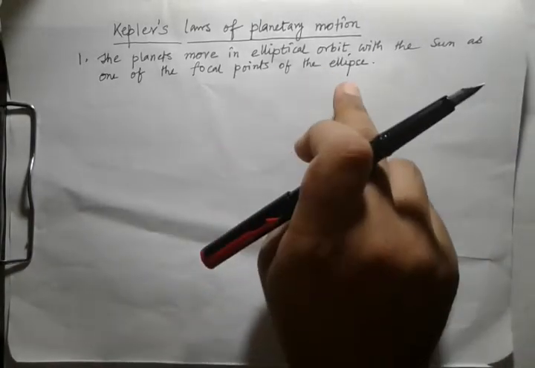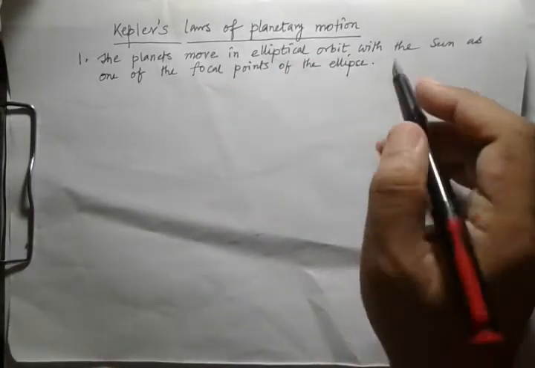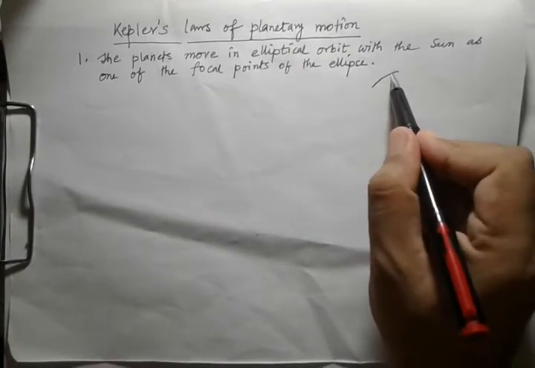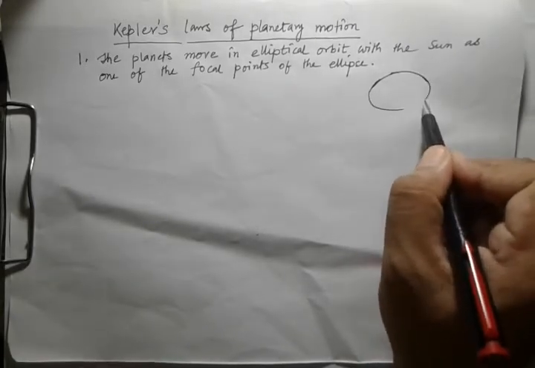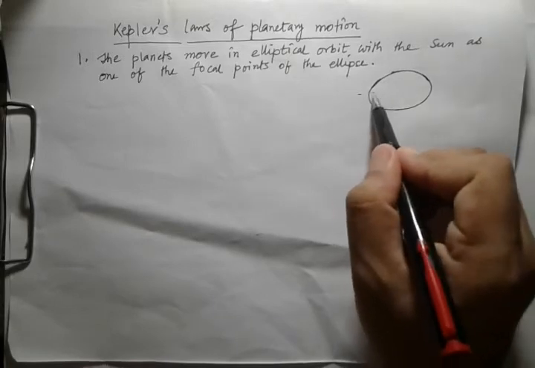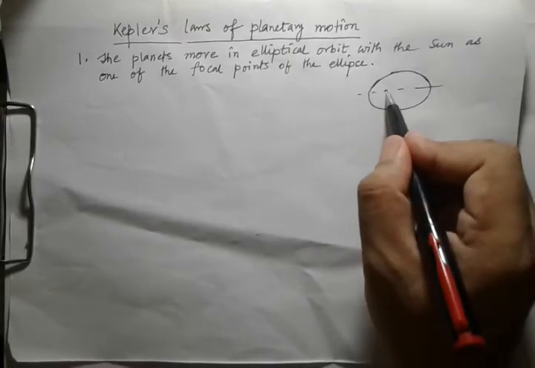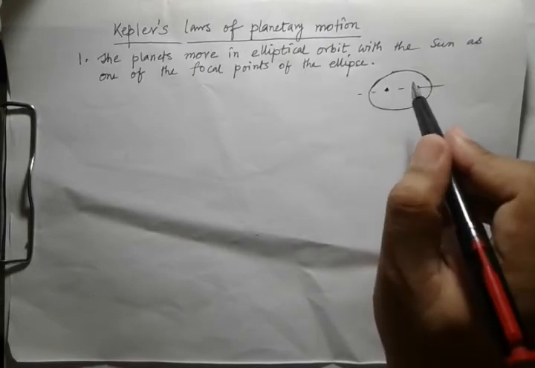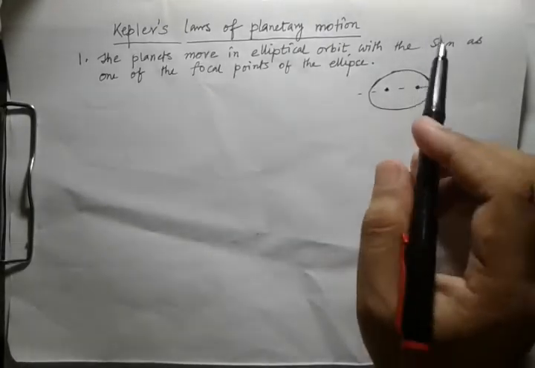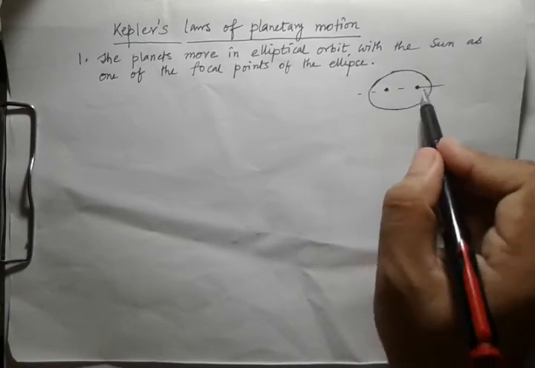First you have to know what an ellipse is and what the focal point is. See, normally an ellipse will look like this, that is called the ellipse. Remember, a circle has one center, while an ellipse has two. So this is one center, this is another center. These two centers are called the foci.